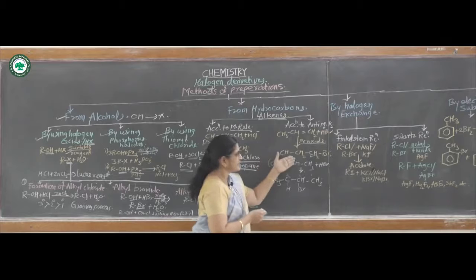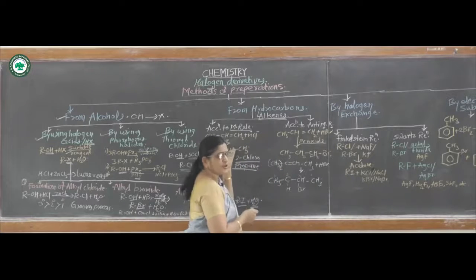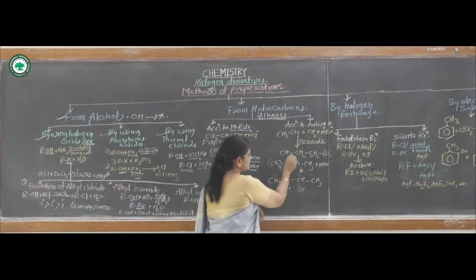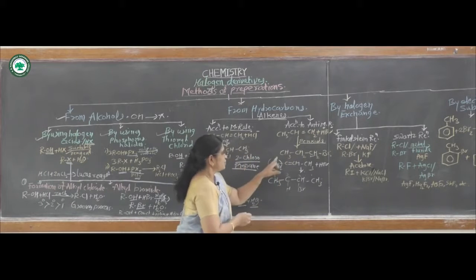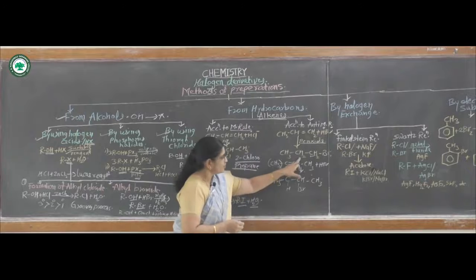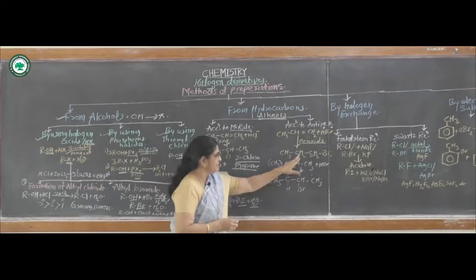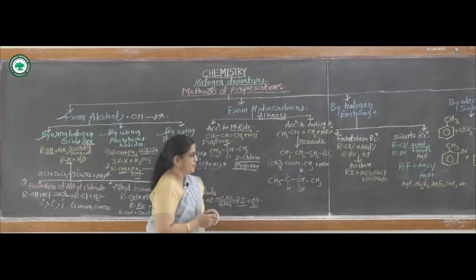That means it is completely opposite to Markovnikov's rule. Hence it gives the main product, bromopropane or propyl bromide. The common name of this compound is propyl bromide, and the IUPAC name is 1-bromopropane.